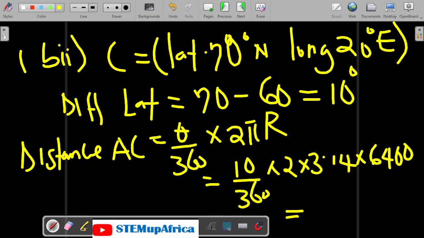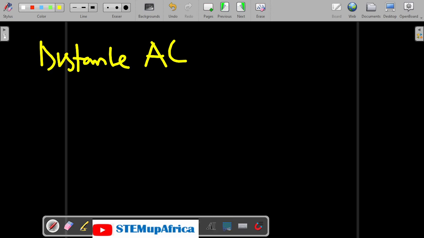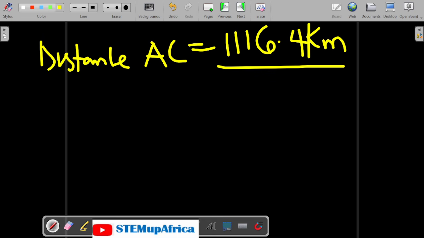If I multiply 6400 times 3.14 times 2 times 10, that gives us 401920 divided by 360. So distance AC is 1116.4 kilometers. It's the distance between A and C.